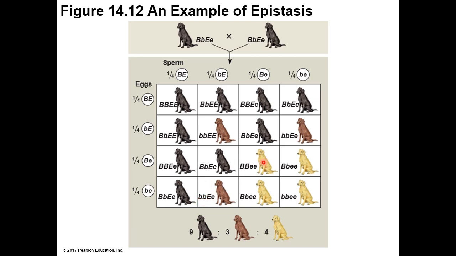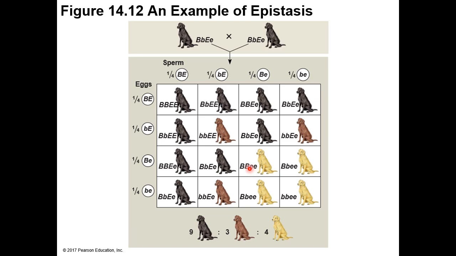Let's move on to our yellow or pigmentless labs. As you can see, they do not have a dominant allele for gene E. They have recessive alleles. This is going to prevent the depositing of the pigments.